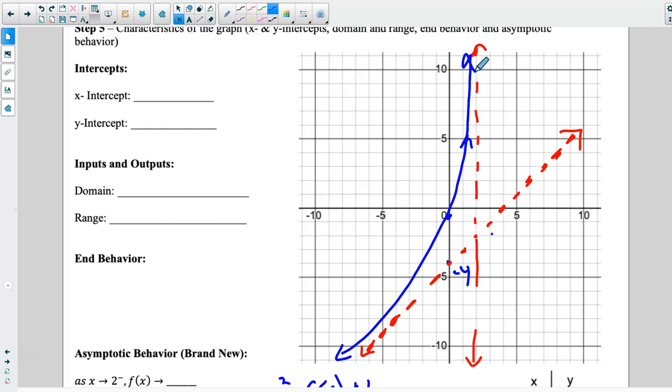Other side, plug in the 4, see what you get. Fractions are fine, decimals are fine, doesn't really matter.